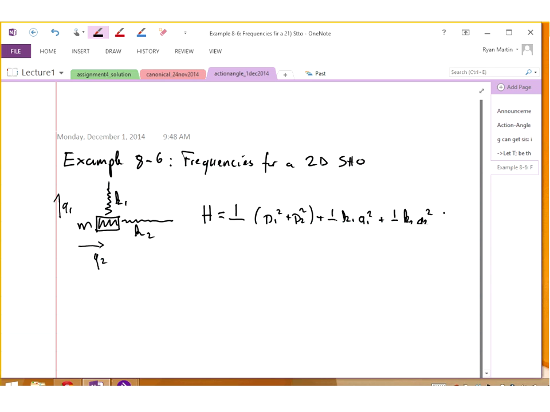Okay? So you have a case of kinetic plus potential energy. So the Hamiltonian doesn't depend explicitly on time either. So it's a constant and it's equal to the total energy.